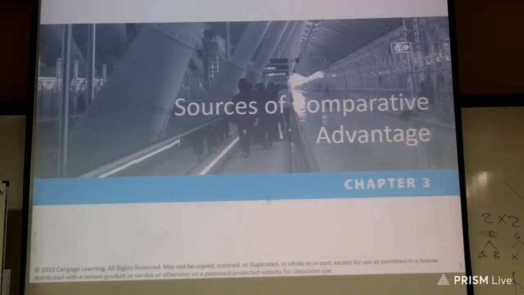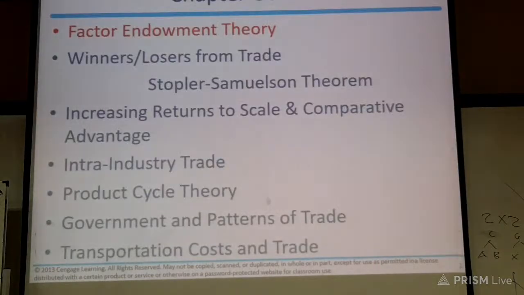Now, what are the sources of comparative advantage? Factor endowment. And this is Heckscher-Ohlin. And we continue with winners and losers from trade, Stolper-Samuelson.